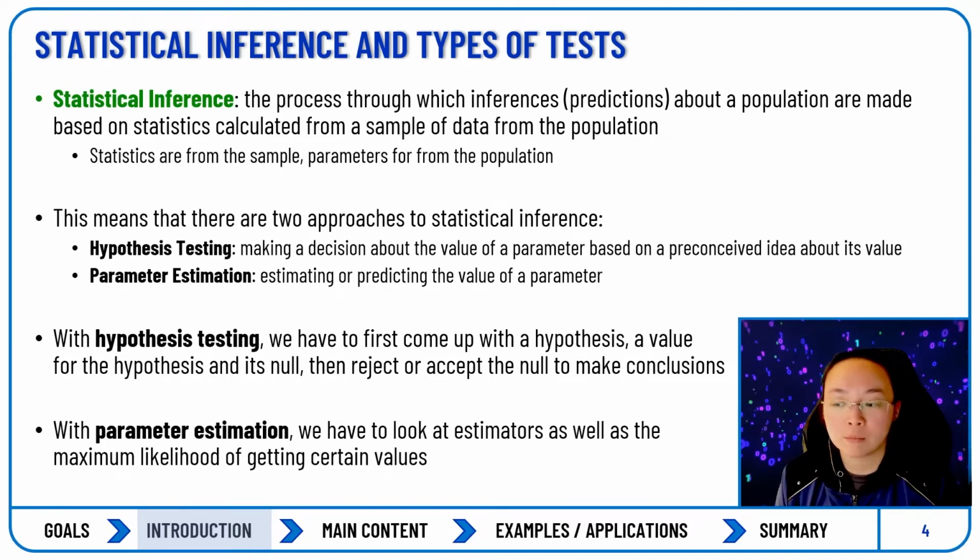With parameter estimation, we have to look at the estimators as well as the maximum likelihood of getting certain values. So we're going to start off with hypothesis testing in this chapter. Then we're going to take a look at parameter estimation, and then we'll take a look at a bunch of different tests that we can use.